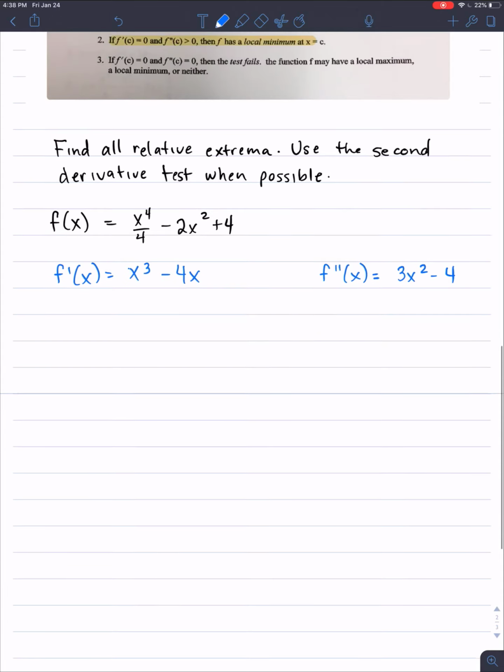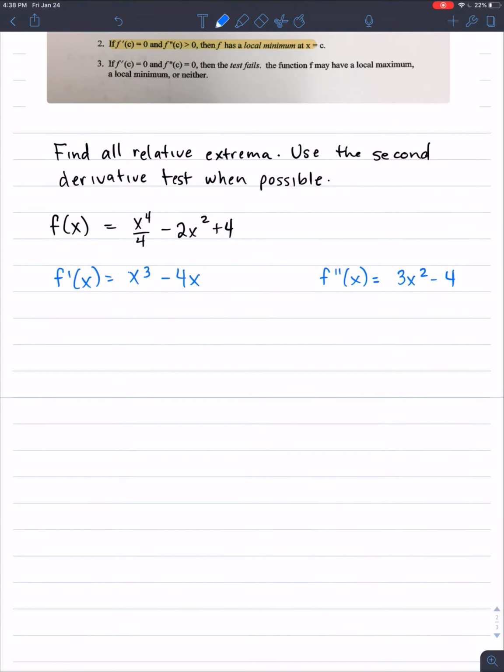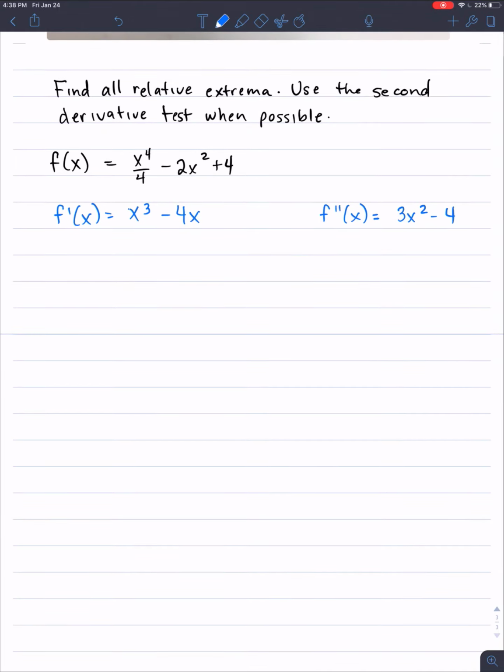So on this one, what we want to do is find possible critical points. Which one of these do we go back to for critical points? Good, the first derivative. So you go to the first derivative for possible critical points. Remember, we set that equal to 0. First derivative equal to 0.